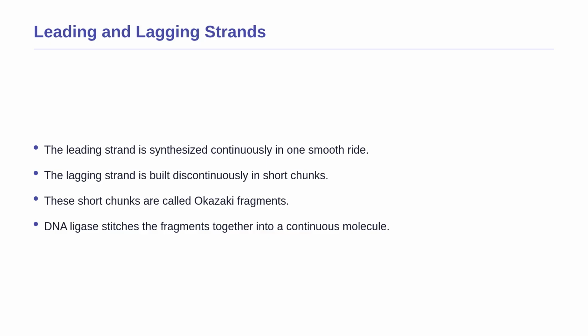These short, separate chunks are known as Okazaki fragments. Finally, an enzyme called DNA ligase acts like molecular glue, stitching all these fragments together. This semi-discontinuous mechanism is the only way to copy both strands at the same time.